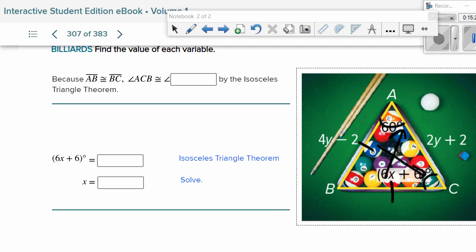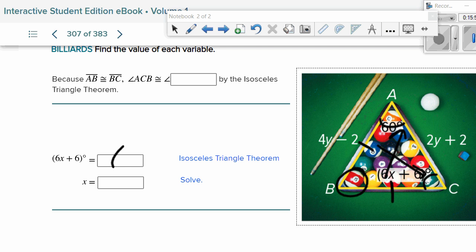If they're going to be equal, then I should be able to say that this is going to be equal to those. So I can take this 6x plus 6 and set it equal to 60 degrees, because 6x plus 6 is this angle down here.